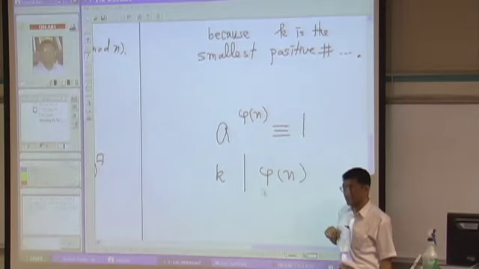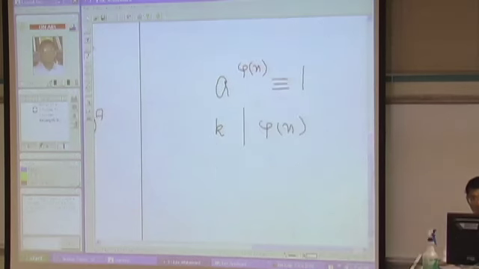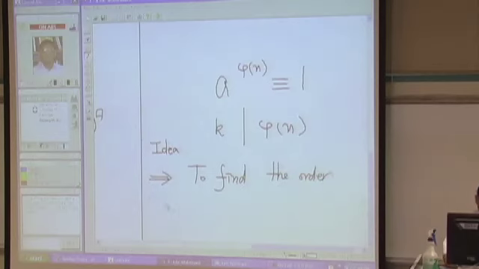So this is the special case. Then this can be used to find the order. In other words, the idea is: to find the order, we need to check the divisors of phi of n.